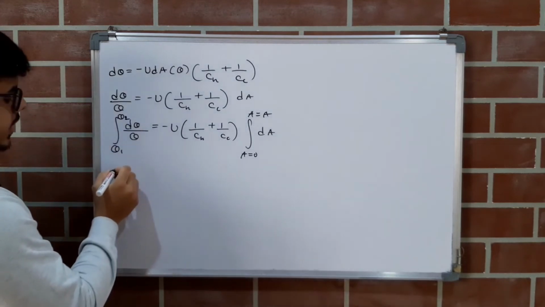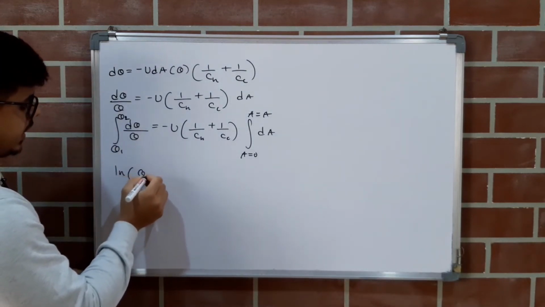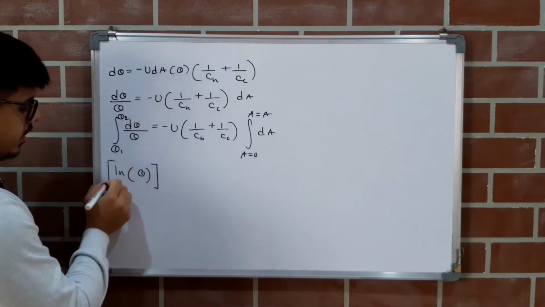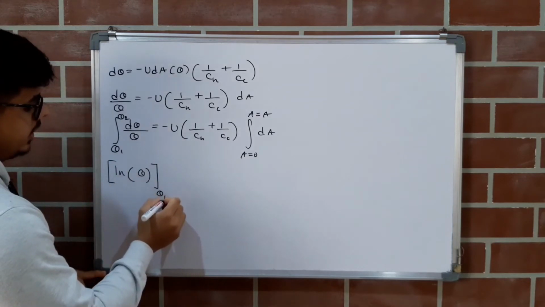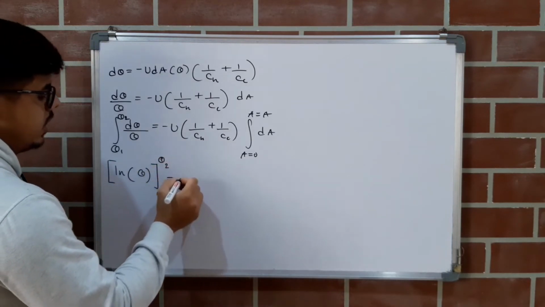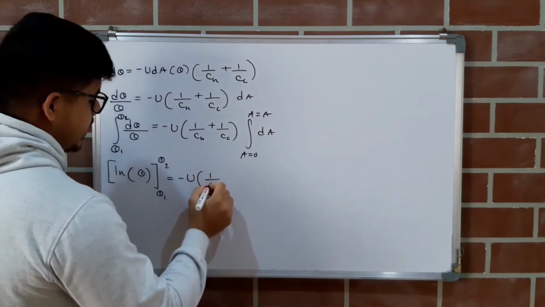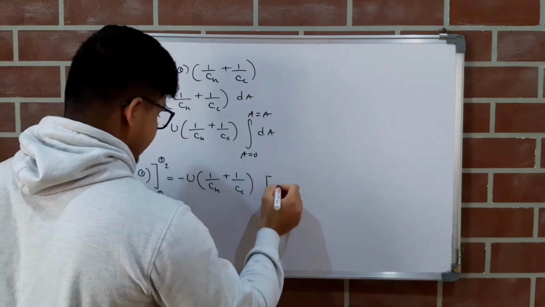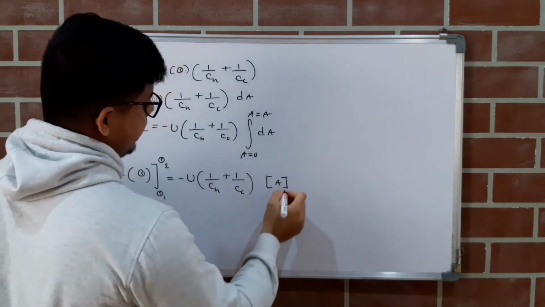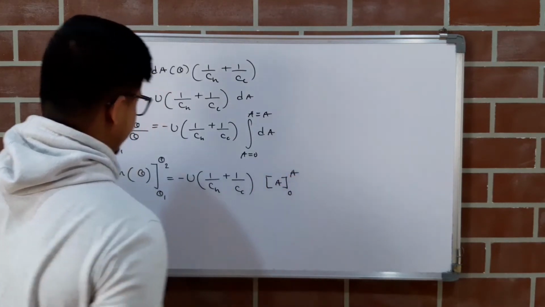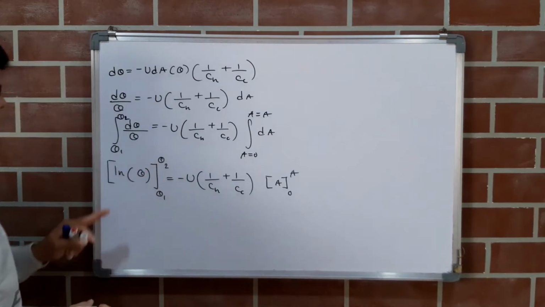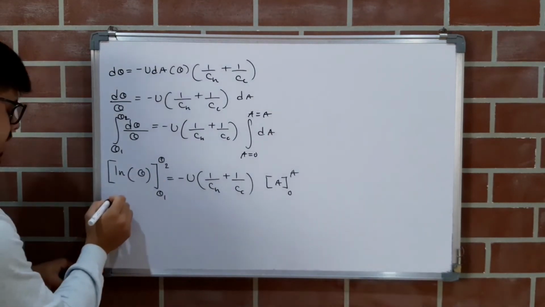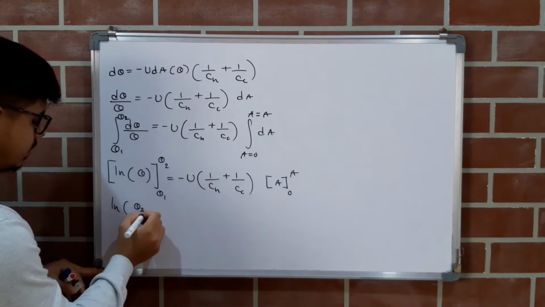So what will be the integration? It will be ln of theta, with the boundaries theta 1 to theta 2, into minus u into 1 upon ch plus 1 upon cc into the integration of dA, which is A from 0 to A, right? I will write directly, I hope you know this expansion, that is ln of theta 2 by theta 1.